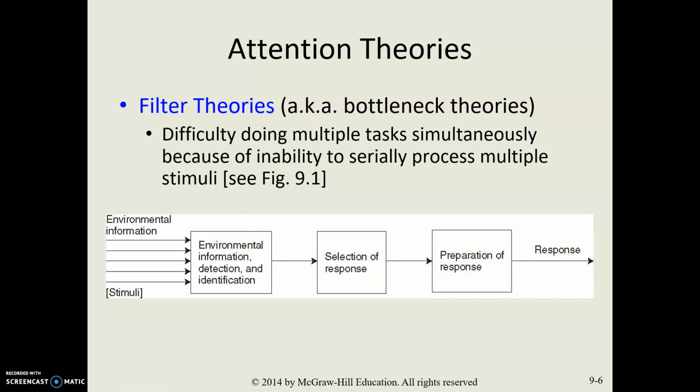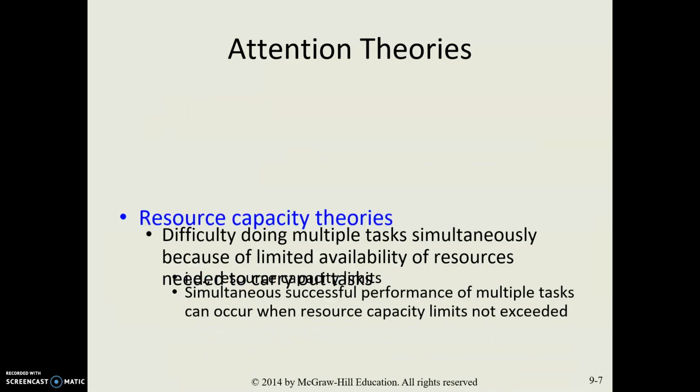It's a very simplistic approach to attention. There are different types of filter theories, depending on where the filter is along the process. But again, it's a simplistic way to look at attention, and probably does not do a very good job of explaining the abilities that we have to multitask and be successful. So filter theory is one approach to studying attention.